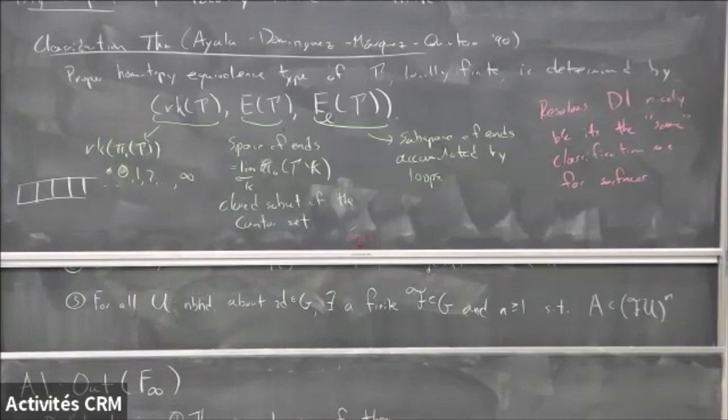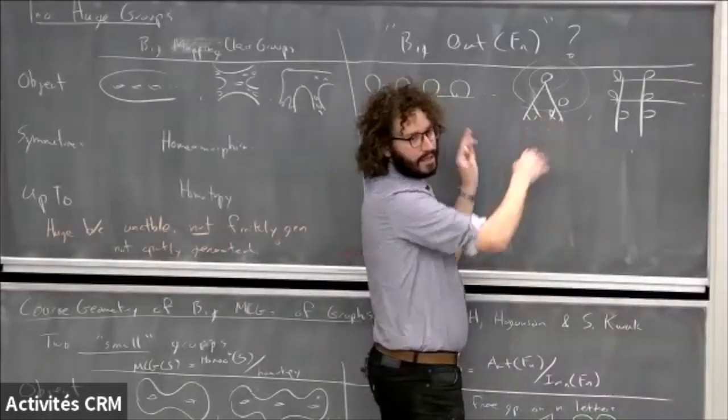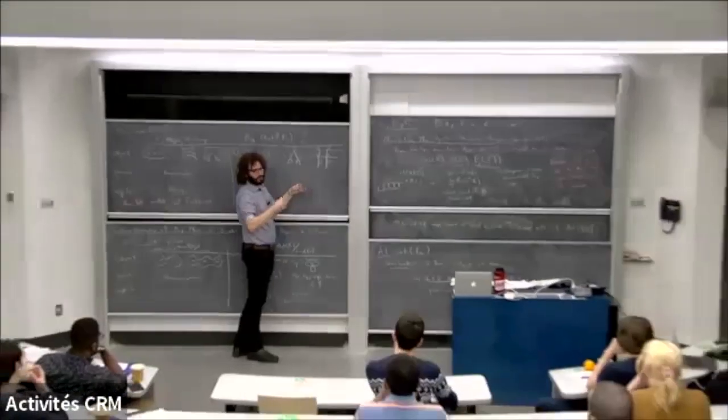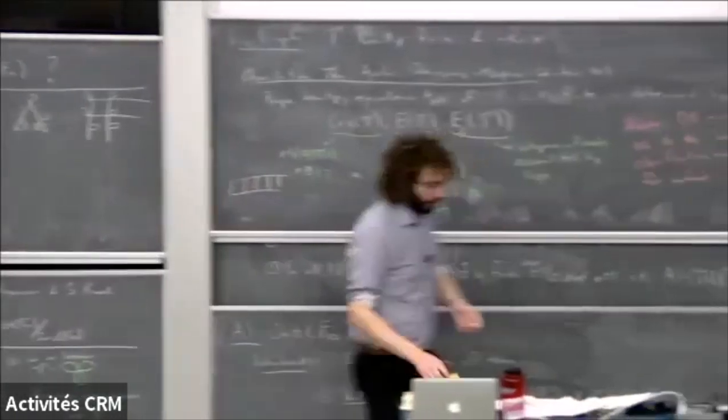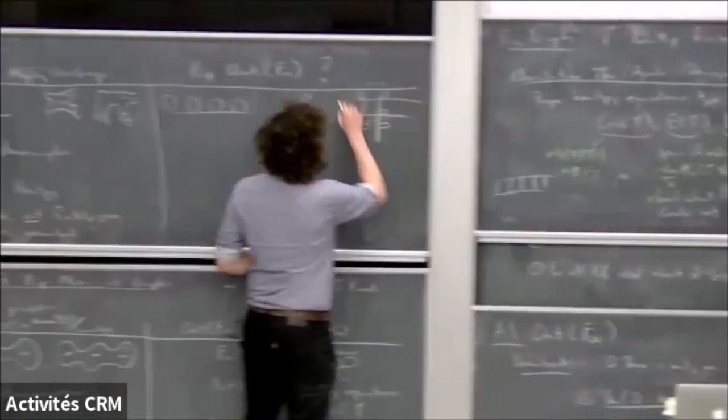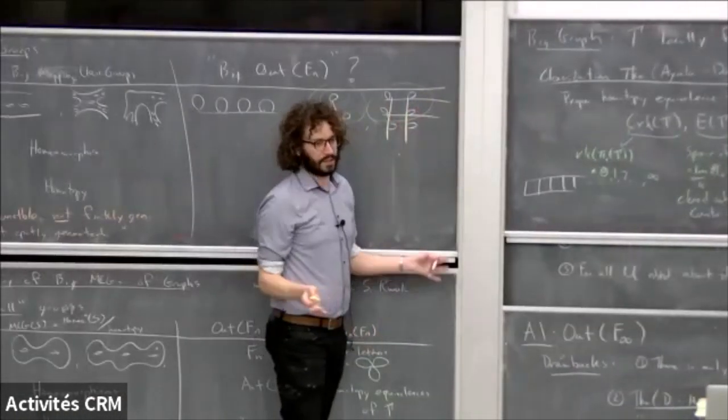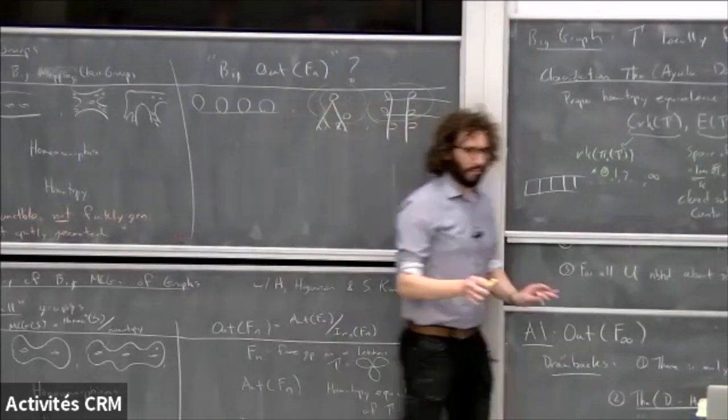So fix some exhaustion by compact sets. As you keep removing them, here you only have one complementary component. Whereas over here, maybe this is a compact set, you remove it, you have two components. Now this is a compact set, you remove it, there are four components. And in this one, as you keep removing things, you will keep getting more and more components. So you'll see infinitely many ends at least. Or over here, once you remove this compact set, you only ever see four components. Did that help make sense?